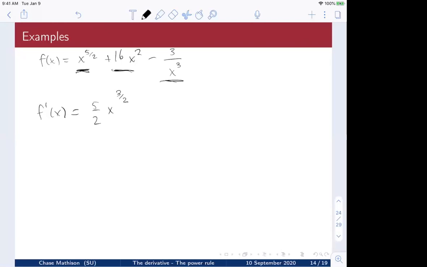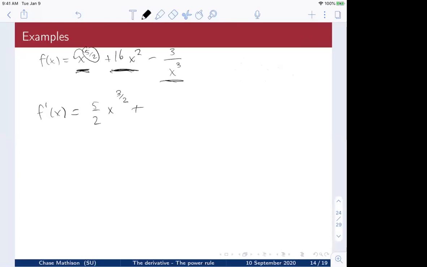You just bring this out in front, and then you subtract 1 from 5 halves. For anyone having trouble doing that in your head, that's okay. 1 is just 2 over 2, right? So that gives you 3 halves. That's why it's 3 halves and not 4 halves. Okay, excellent.